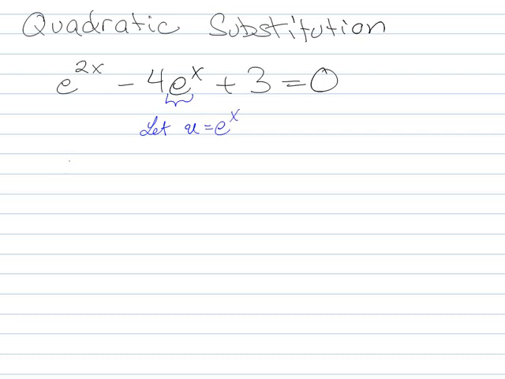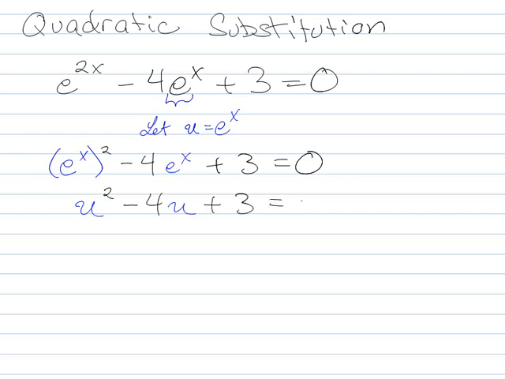The reason I'm going to do that is because I can rewrite e to the 2x as e to the x squared, and then 4 times e to the x, which is already there, plus 3 equals 0. So the idea is now that I can substitute u for e to the x. So I've got u squared minus 4u plus 3 equals 0.